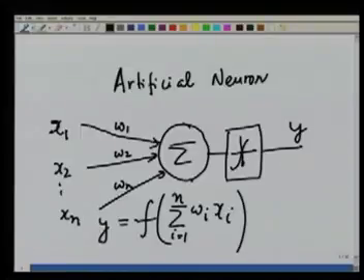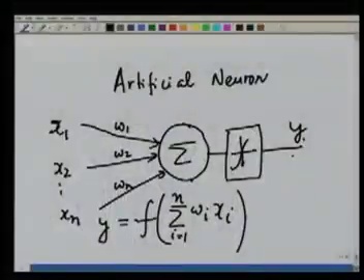So, what you are seeing is actually a nonlinear map from input vector xi to output y. Here in this case we have a single output; you can have also multiple outputs if you take more nodes here, but we are talking about a single neuron. A single neuron has a single output, but multiple inputs.